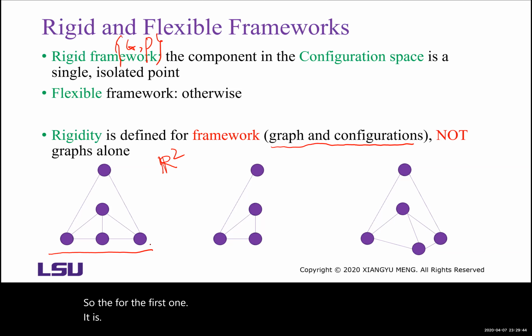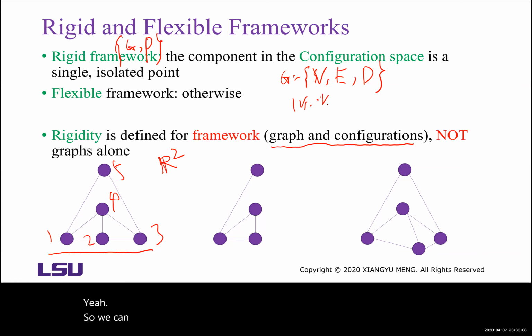Let's see agents 1, 2, 3, 4, 5. So the graph we have is G, with vertex set V, edge set E, and D. We can have V1 to V5.